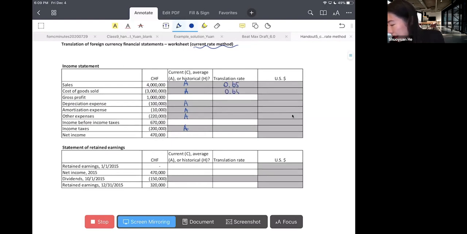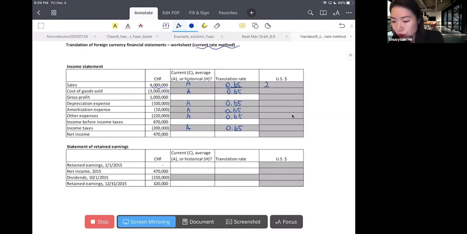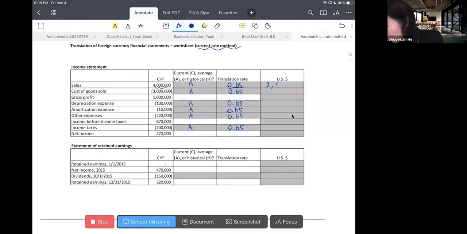You can find this in the example. Then we just do the translation. For example, for sales, that's 4 million multiplied by 0.65. That gives us 2.6 million. You just multiply 2 numbers.